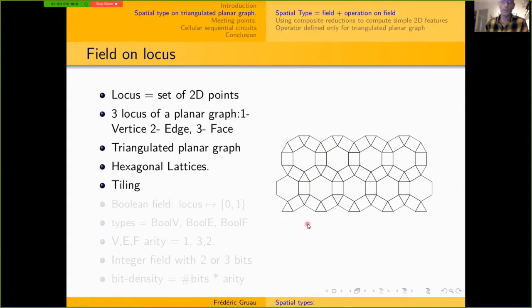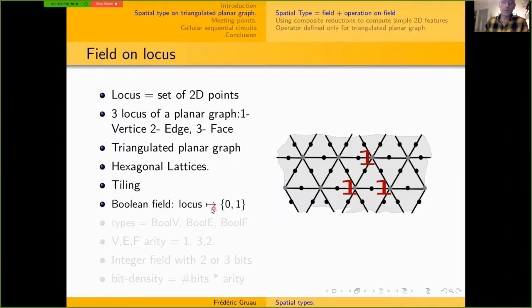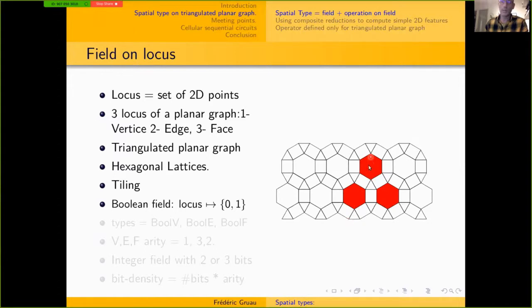And we forget the points. We consider Boolean fields, which are a function from locus to Booleans. Here, it's a vertex Boolean field, which has 3 true values for these 3 vertices, and we represent such a Boolean field by painting the associated tiles. This is a vertex Boolean field called bool V.